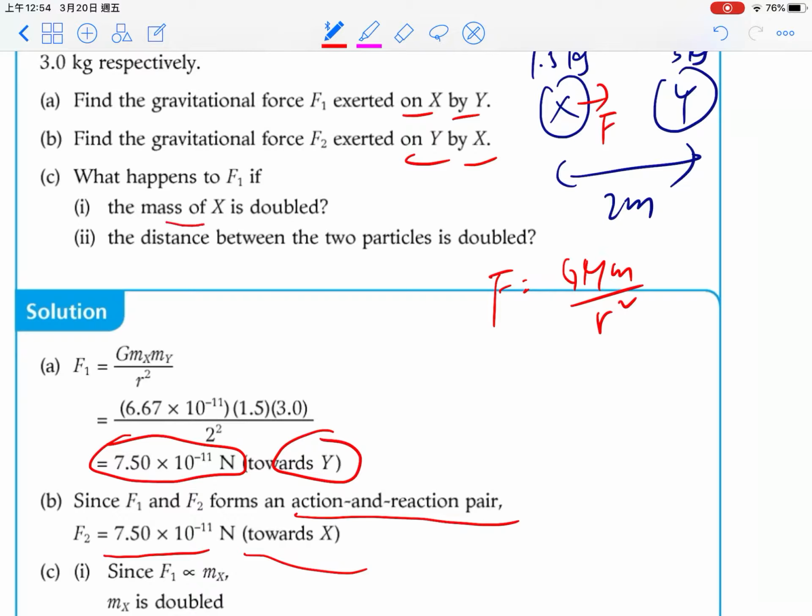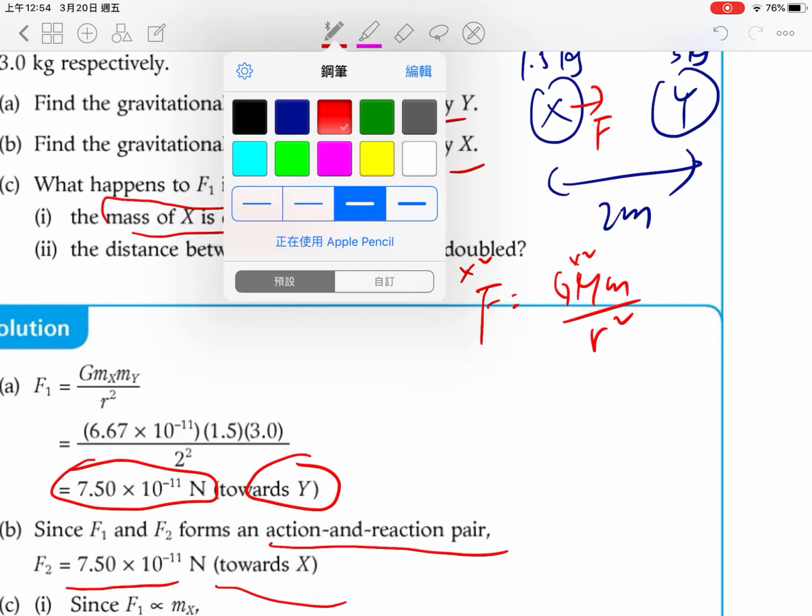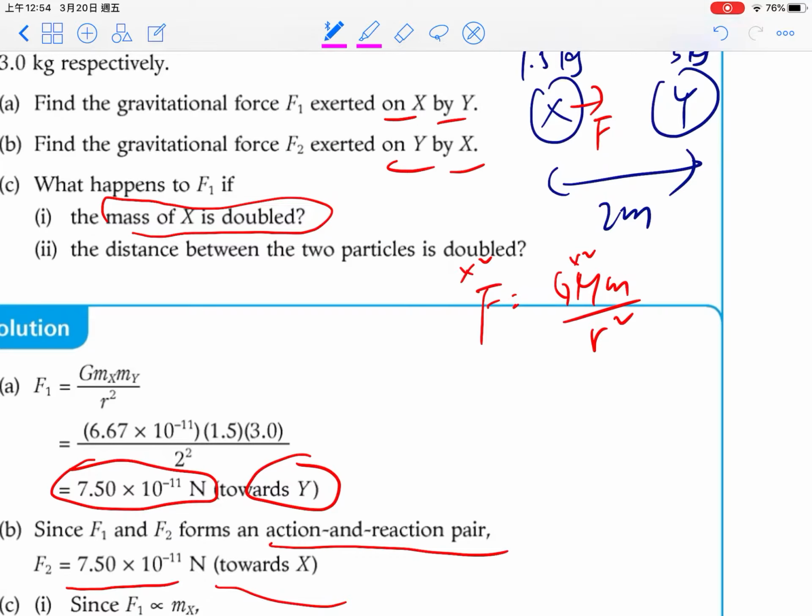What will be the force if the mass of x is doubled? If x is doubled, the force will be doubled. Very easy, right? What happens to the force if the distance between two particles is doubled? That means r is doubled.